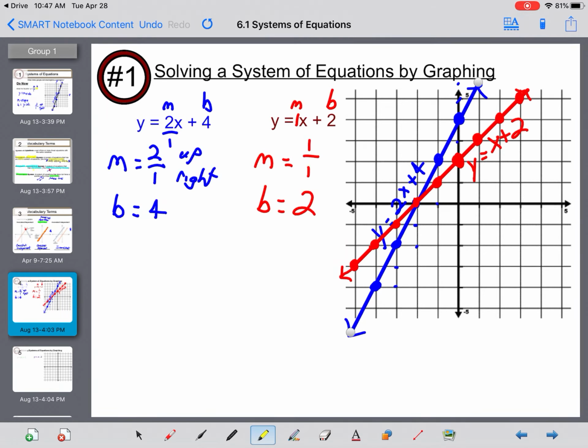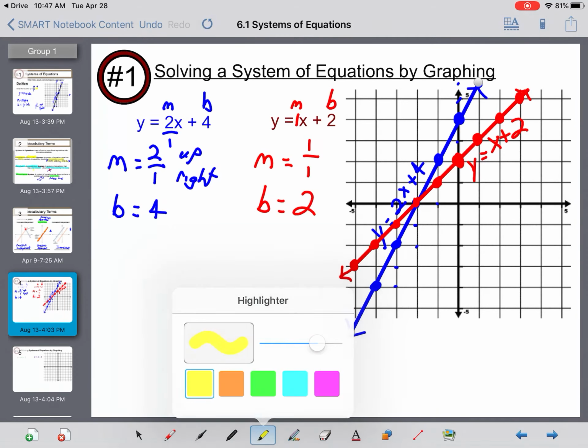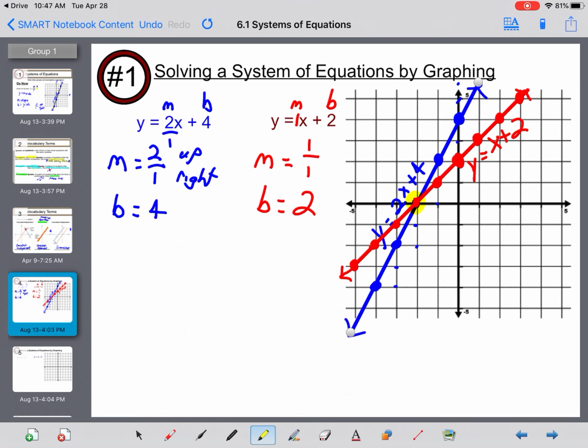And now the most important thing is finding where the red and the blue lines meet. And they meet right here. And that location is our solution. And that solution is located at the point -2, 0.